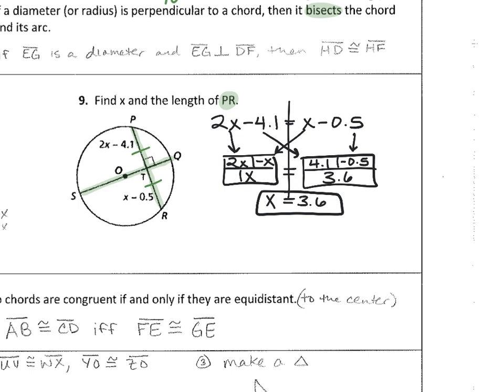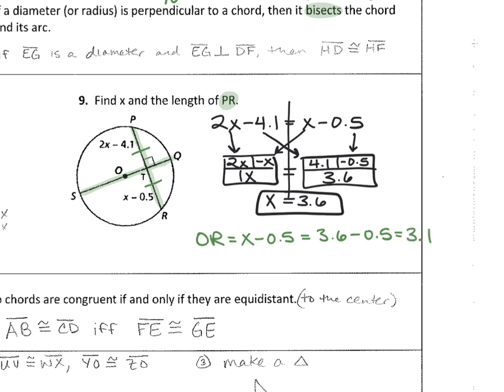Plug it in. So what I'm going to do is I'm actually going to only plug it in to the value of OR. And you'll see why in a second. If I plug it into OR, OR is equal to x minus 0.5, which I can replace with the x, 3.6 minus 0.5. And I get that that measurement is 3.1.